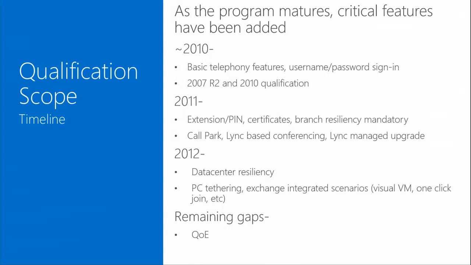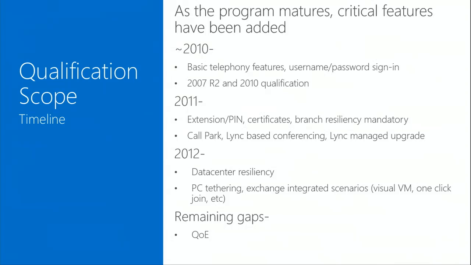But as you can see, as the program's matured, devices in this compatible category have actually gotten a lot richer. The capabilities in terms of, just as an example, signing in with an extension and PIN was something that we didn't initially require. Now all the devices in our program are required to and are able to do it.